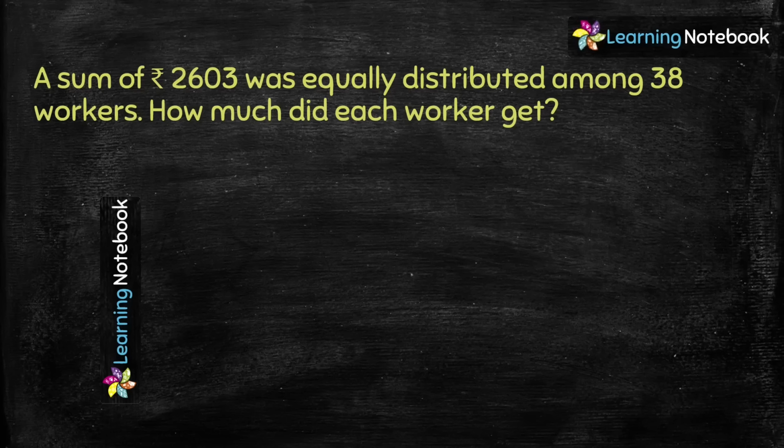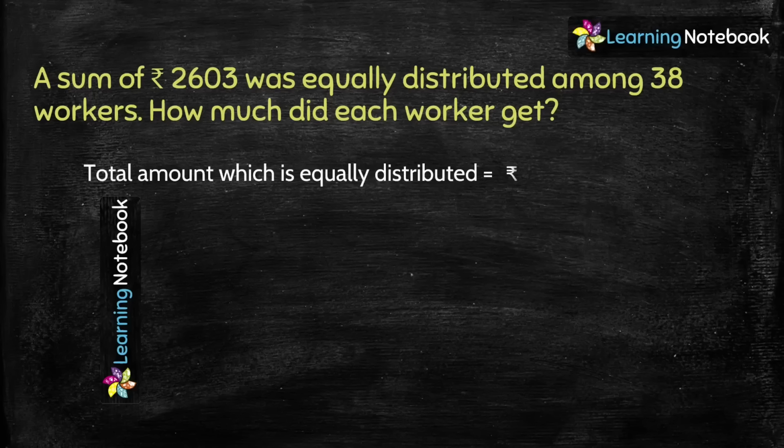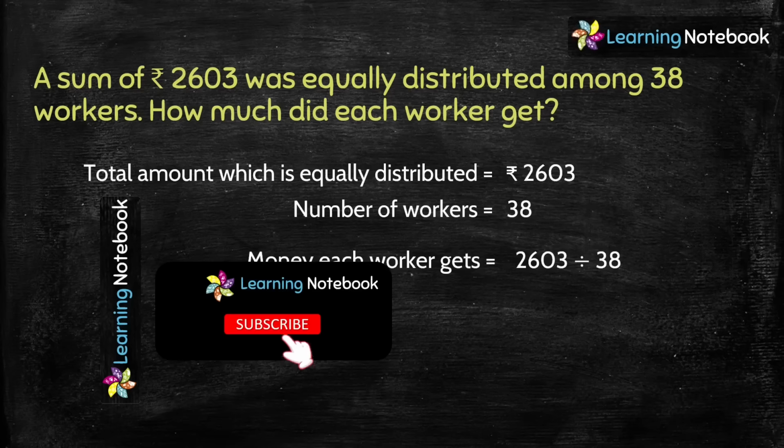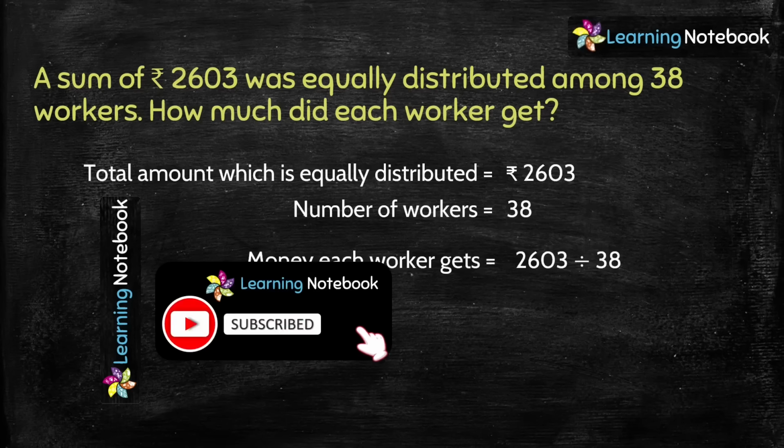So let's see how to solve this. Let's write the statements. Total amount which is equally distributed equals rupees 2603. Number of workers equals 38. So to find money each worker gets, we will divide 2603 by 38.